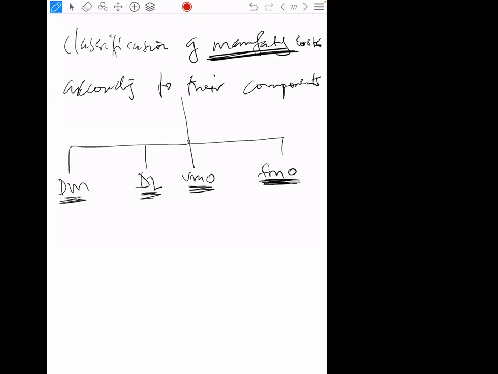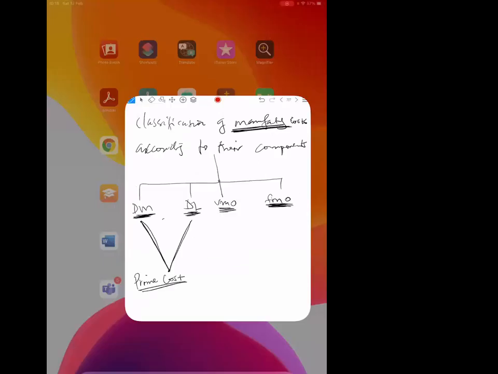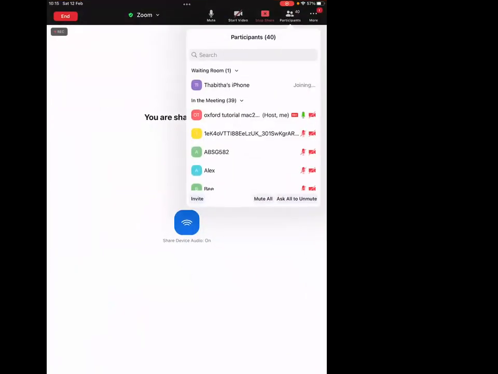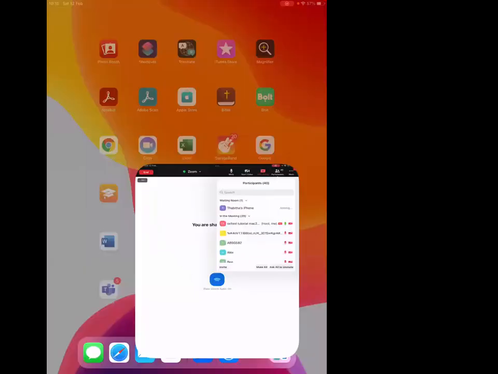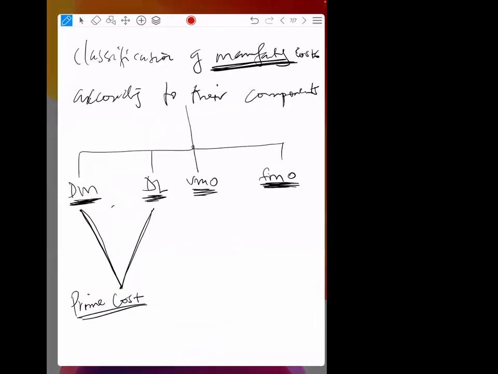Now, these two, direct material and direct labor, collectively, they are referred to as the prime cost, the sum of those two. If I simply add direct material and direct labor, what do I get? I get prime cost. Then we go to the other side.